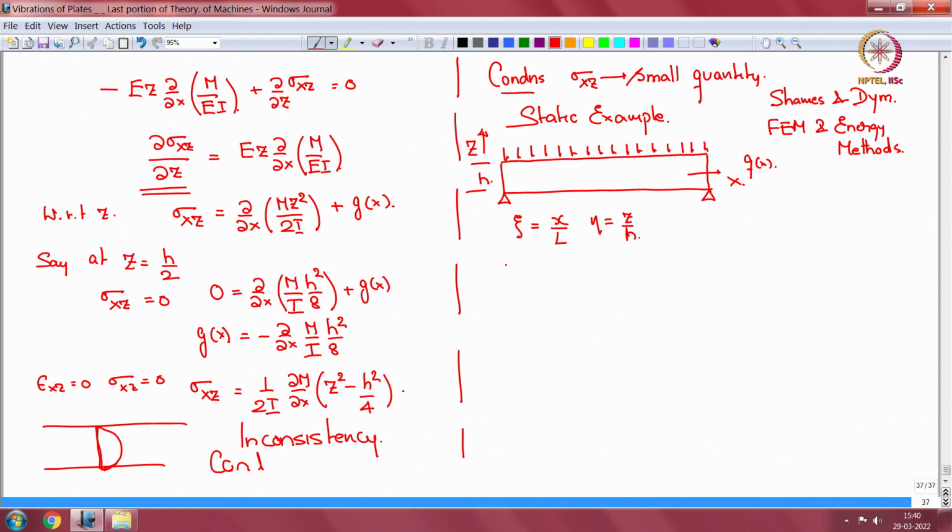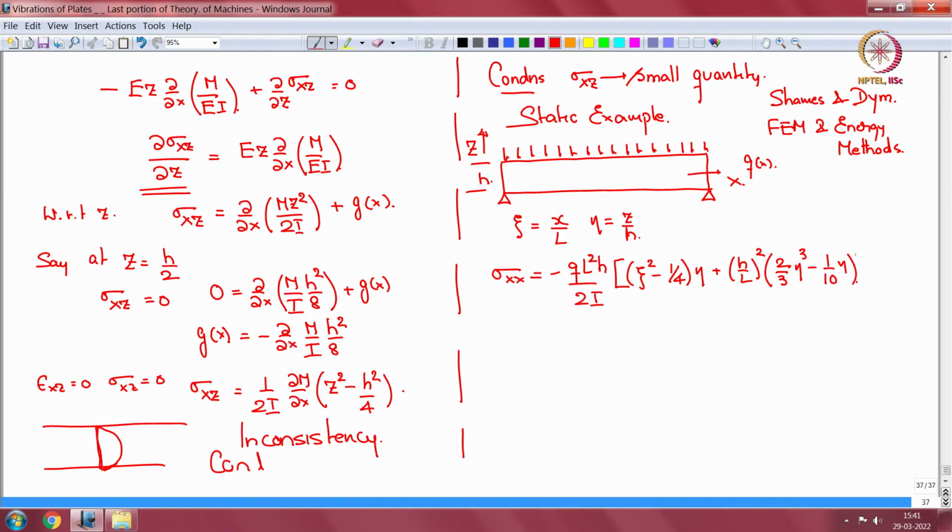Then sigma xx, the normal stress, is given by minus q L square h over twice I, xi square minus 1/4 eta plus h over L whole squared into 2/3 eta cube minus 1/10 eta.